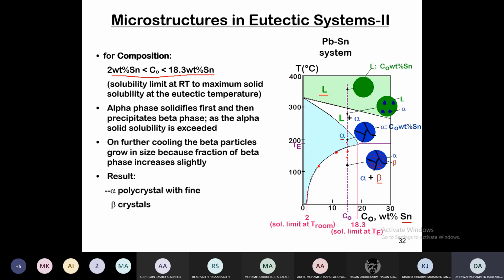But as you go down, once you reach the solvus line, now the solubility is here. This is the line, the maximum solubility, but the amount of tin you have is this much. So what happens? It needs to get rid of the tin. They separate into different entities with high concentration of tin and develop the alpha phase and the beta phase.